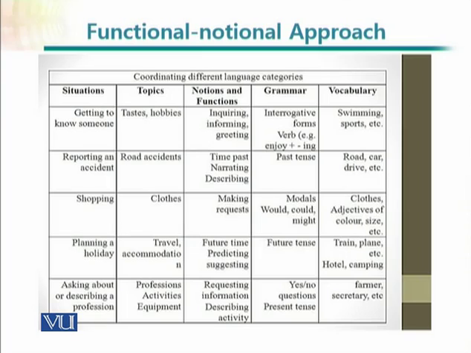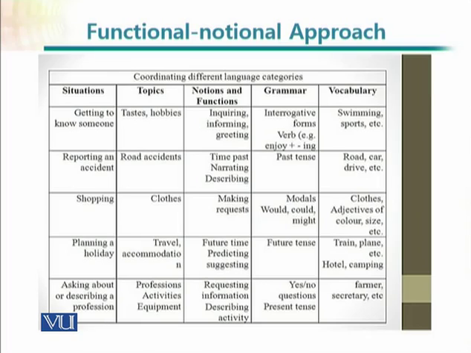Similarly, there could be another situation if you just come down a second from the bottom, planning a holiday. And in such a situation, the topics could be like travel or accommodation. Then we have notions and functions in the form of future time, predicting, suggesting, because we suggest or predict things in such situations. Future tense would be more appropriate for such functions.